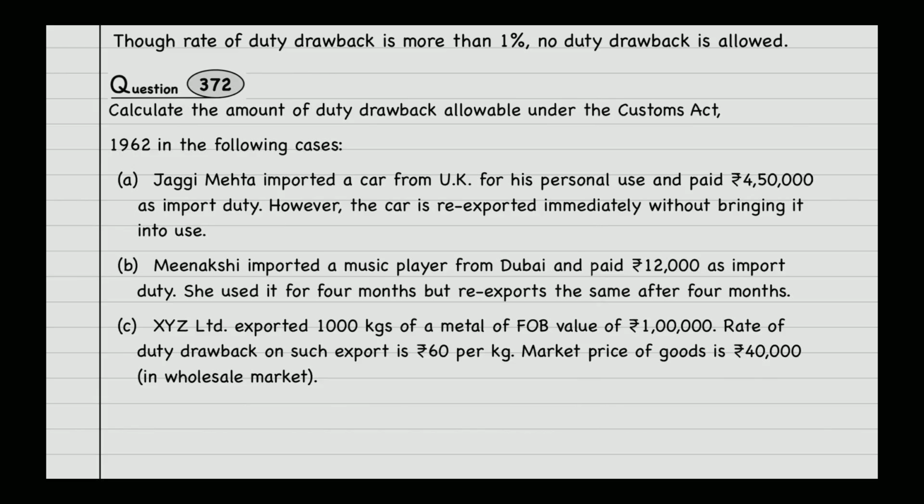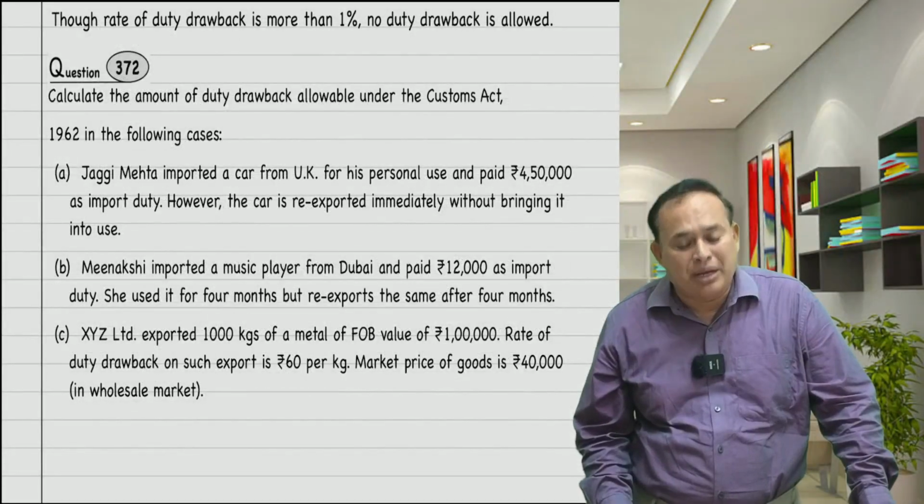C. XYZ Limited exported 1 kg of metal, FOB value 1 lakh. Rate of duty drawback on such export is 60 rupees per kg. Market price of the goods is rupees 40,000 in the wholesale market. They are asking us to find the duty drawback amount.